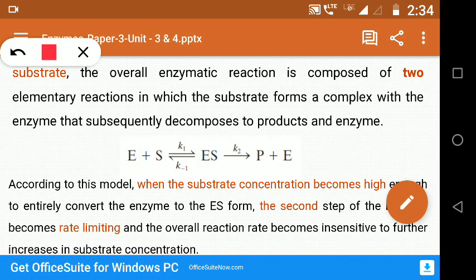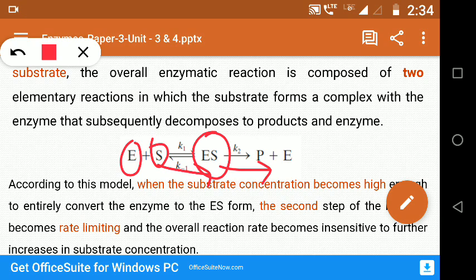So first the enzyme binds substrate, and it forms the enzyme substrate complex. This is stage 1, and in stage 2, this enzyme substrate complex becomes product and enzyme. So the substrate becomes a product and the product is released from the enzyme. These two stages are there in any enzymatic reaction.